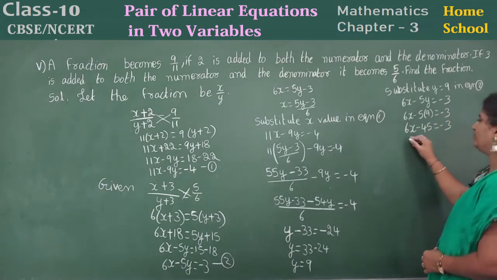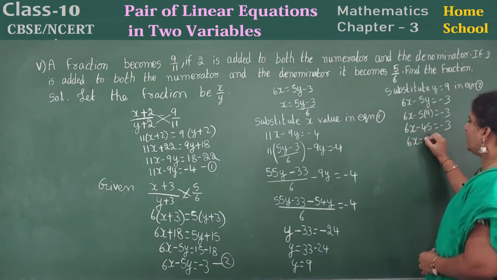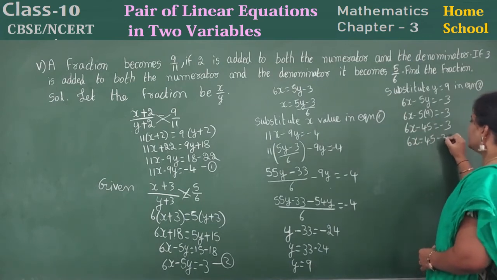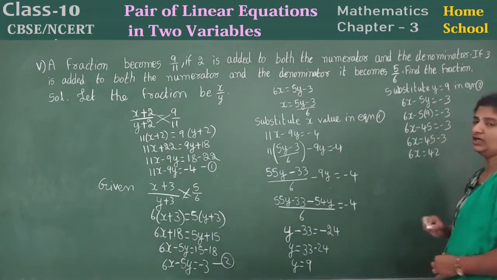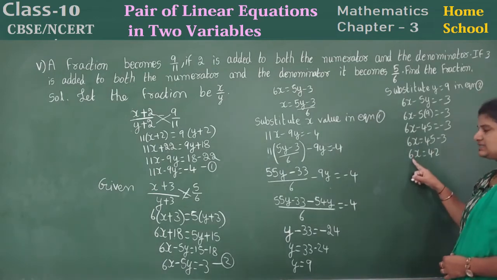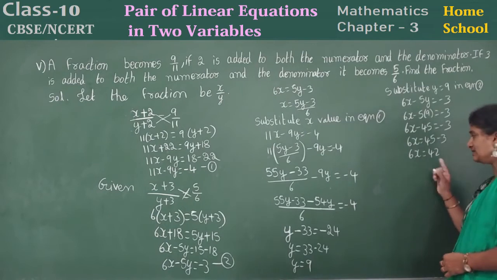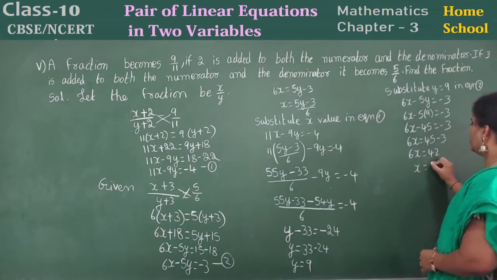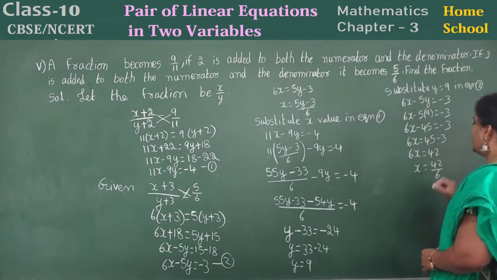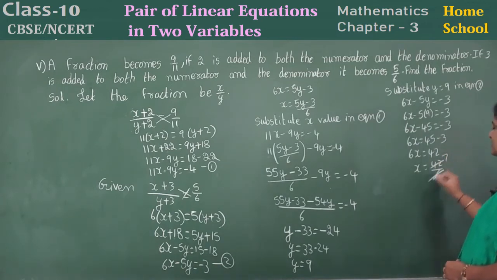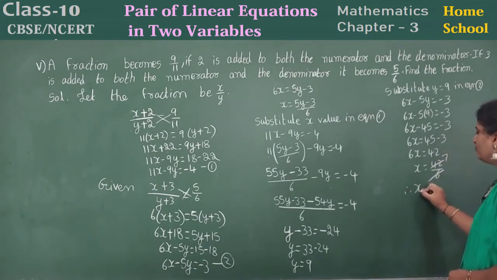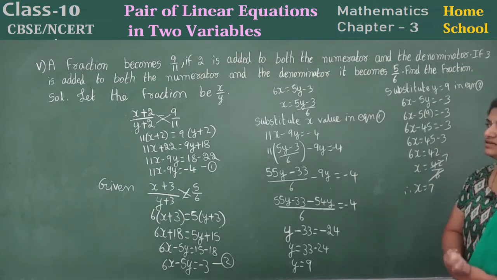Minus 45, if it goes to this side, plus 45. What is 45 minus 3? It will be 42. Now the 6 multiple, send other side, x is equal to 42 by 6. That will be, 6 7s are 42. Therefore, your x value is 7.